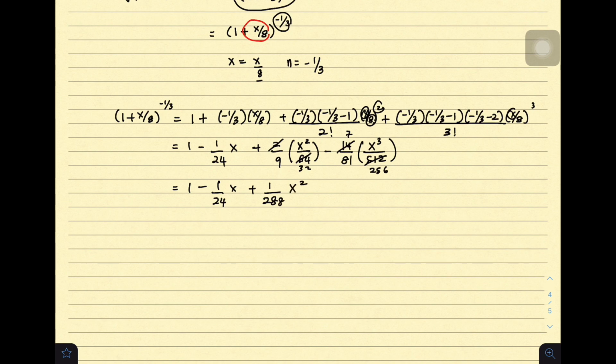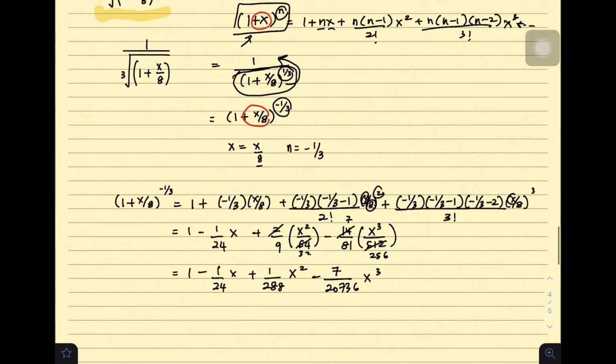Okay, then you have 81 darab 256 minus with 7 over 20736x cube. Right, so this is the expansion of the function.